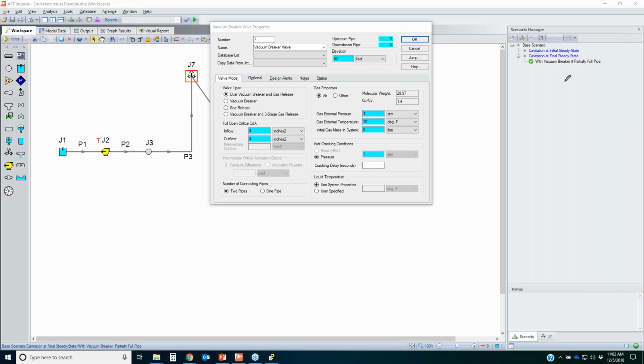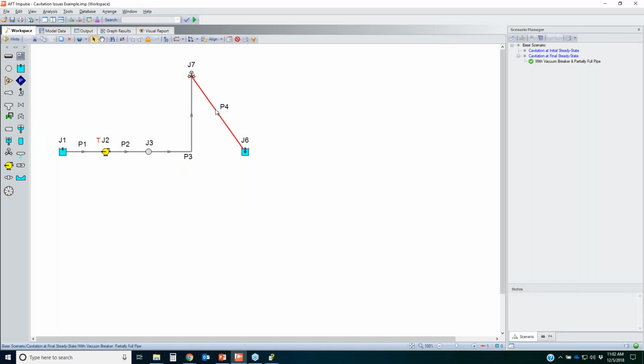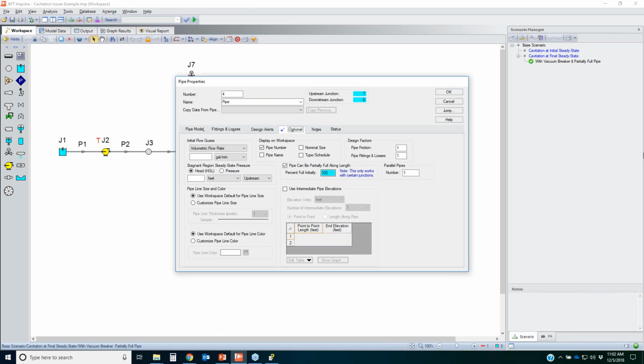Well, when you use a vacuum breaker valve, you can do a special modeling feature in a pipe, which is called a partially full pipe feature. And so if you turn this on in the optional tab, this can give you an indication of how long it would take, perhaps, for your pipe to drain.